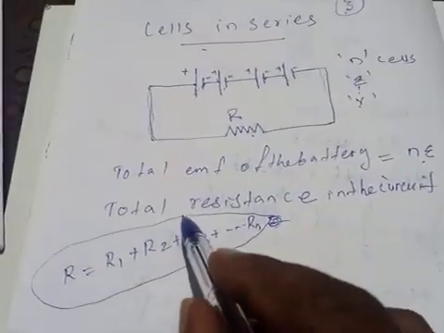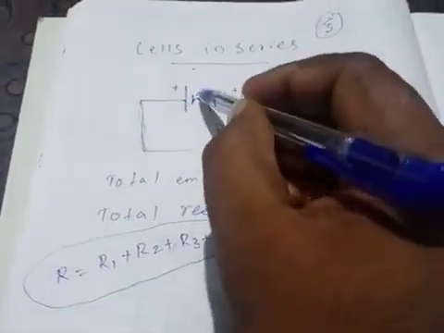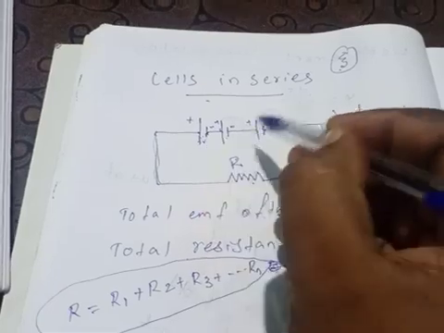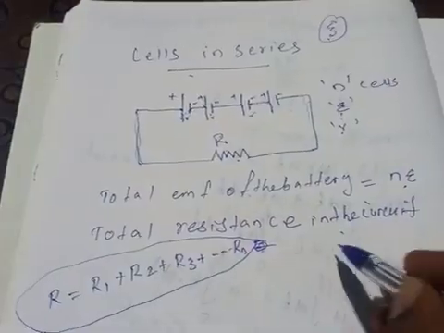Now what is the total resistance in this circuit? Here one internal resistance r is there, here r is there, here r is there. So n number of internal resistances are there, and additionally one external resistance is there.